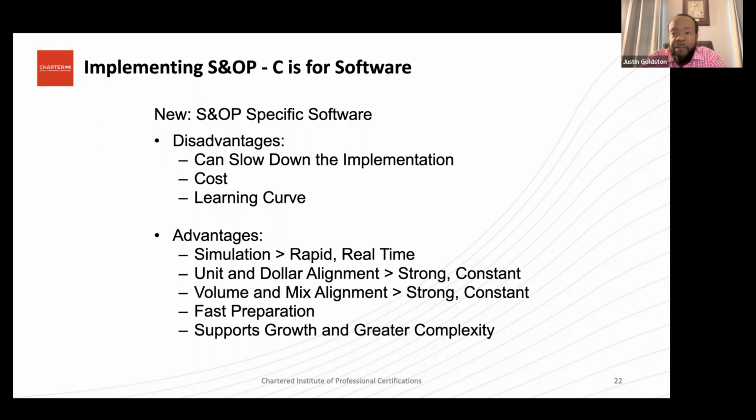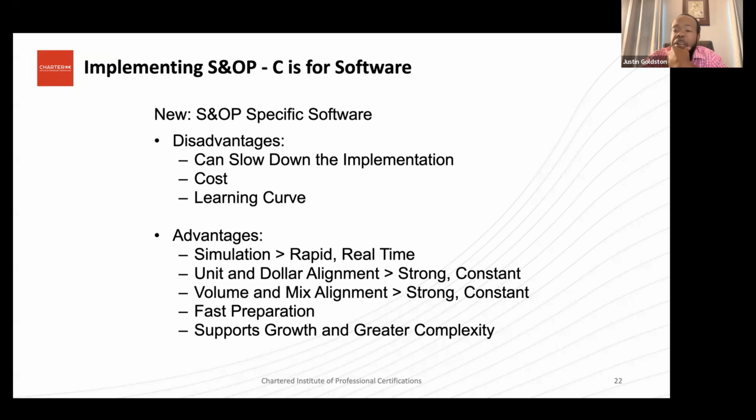So let's just say that you're in phase 2 of an ERP implementation. If you're going to bring in S&OP, you're going to slow down the implementation. You're also going to incur a higher cost. And because of that, with anything, you're going to encounter a learning curve of implementing S&OP. Now, the benefit to this is that there's not going to be many people looking at that S&OP module.